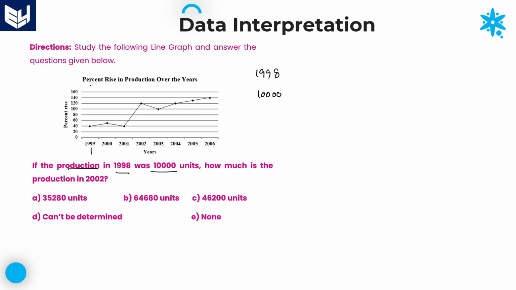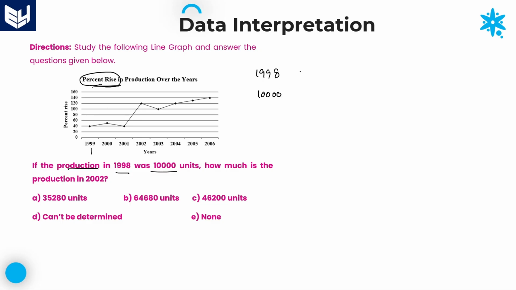Now according to the given information, every year production increases. All the values which are provided in this line graph are percentage increment values. So percentage rise is nothing but in each and every year values increase.